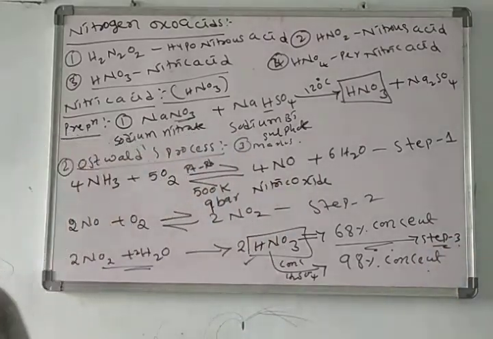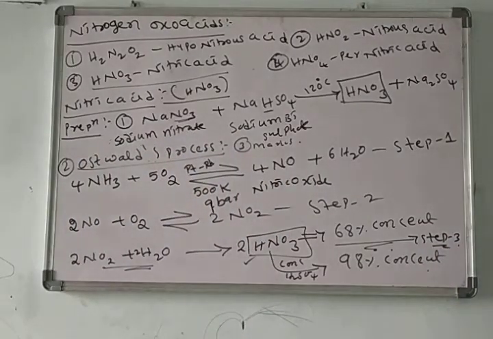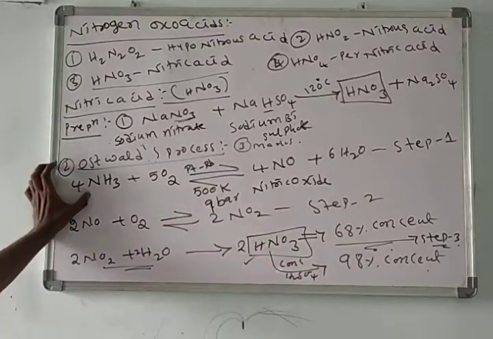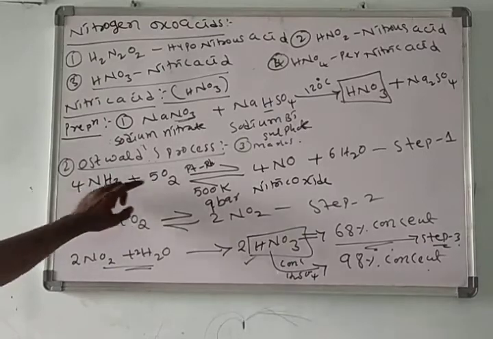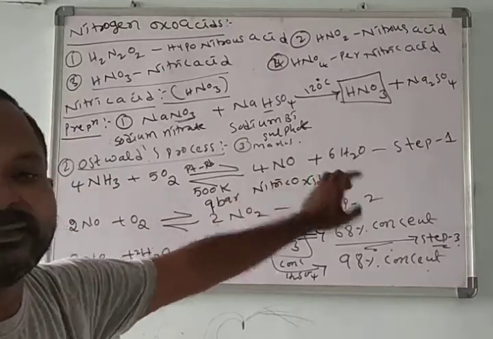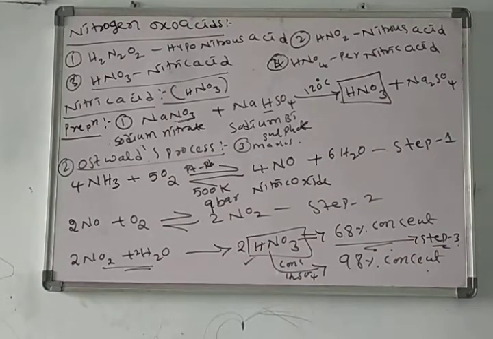What are the steps involved in the Ostwald process? The Ostwald process is used for the preparation of nitric acid from ammonia. Step 1: 4 moles of ammonia react with oxygen and form nitric oxide along with water.